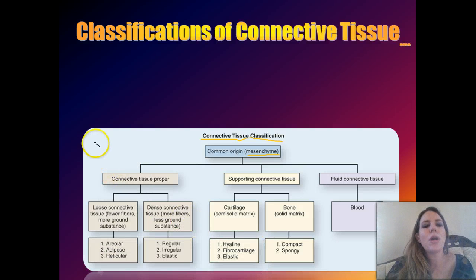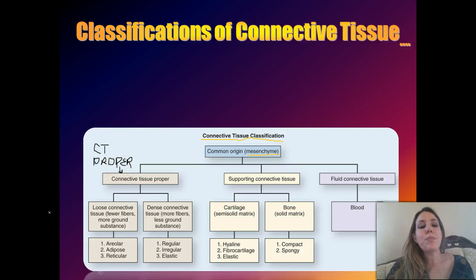Connective tissue proper is often called CT proper. You'll hear me refer to CT proper on a regular basis.